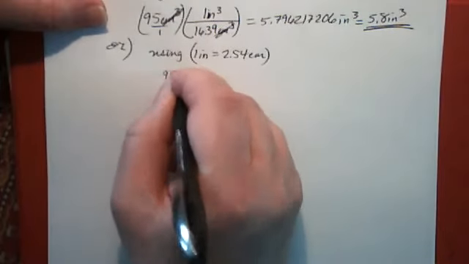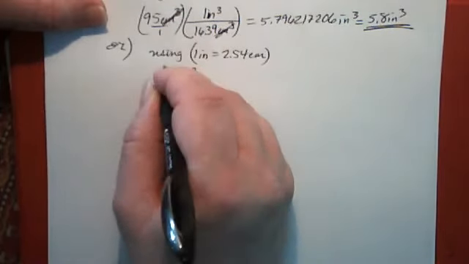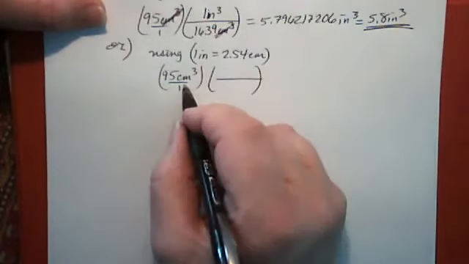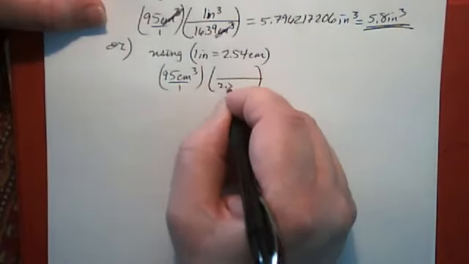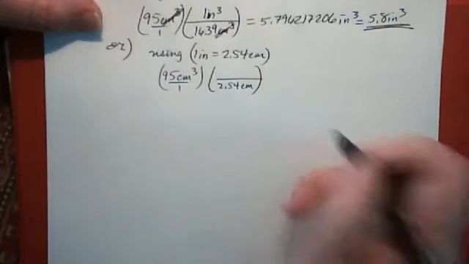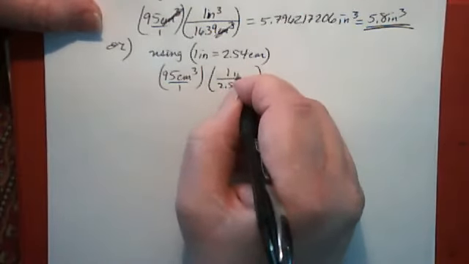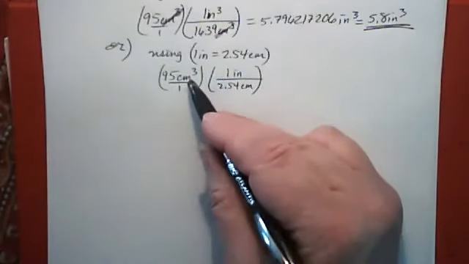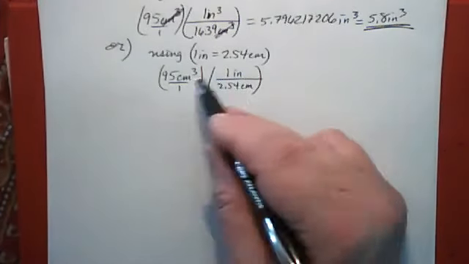So we have 95 cubic centimeters, and our conversion factor, we want centimeters on the bottom, which is on the bottom there, and 1 inch on top. And now centimeters and cubic centimeters don't cancel out with each other.